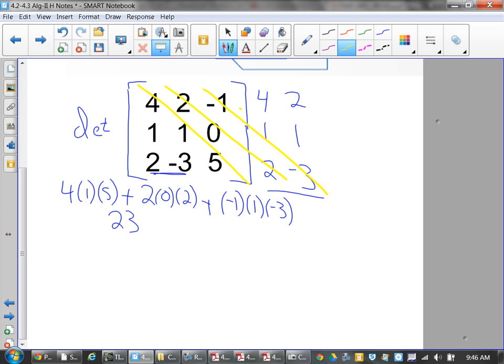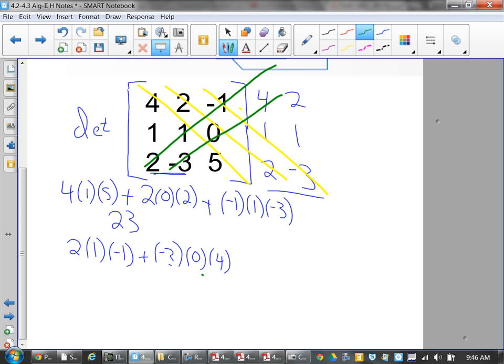Now I do the same basic idea with my upward diagonals. When I do the upward diagonals, it's 2, 1, -1. See how I'm going this now? -3, 0, and 4. And then 5, 1, and 2.